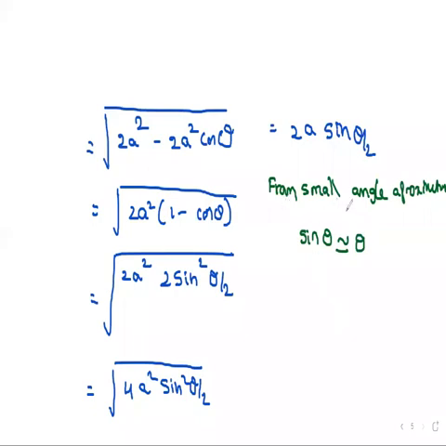That is the small angle approximation. Here also it is given a very small angle. So for modulus delta A bar, 2A sin theta by 2, you can write theta by 2 only. 2 and 2 will get cancelled. The answer will be A into theta.